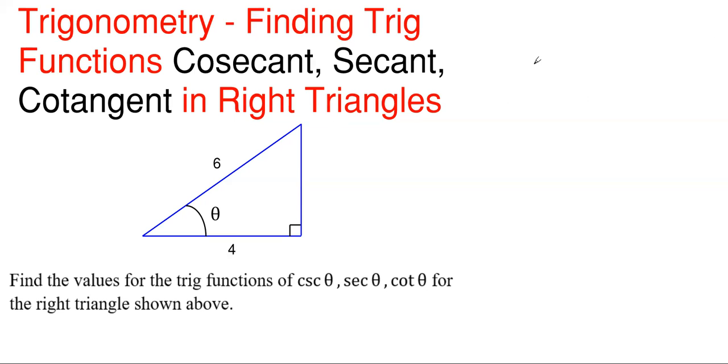So when you're utilizing trig functions, we want to know three things about the triangle and the angle that we're looking for. So for our angle theta here, we need to know what the adjacent side is. We need to know what the opposite side is. And we need to know what the hypotenuse side is.